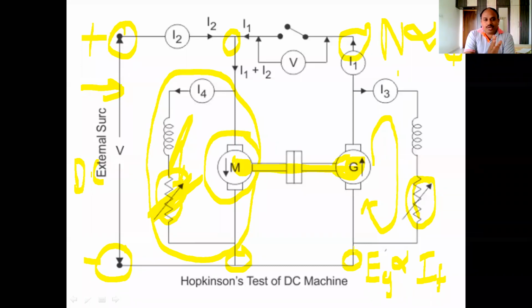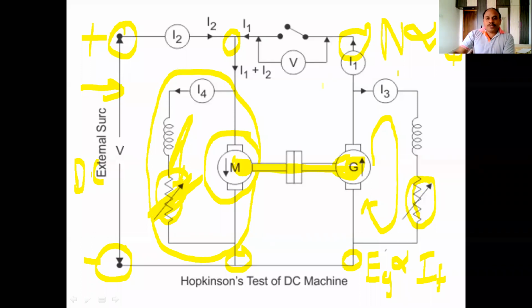Initially, source voltage and motor voltage are the same. Now we make the generator voltage equal to rated voltage by varying the generator field rheostat. If you vary the generator field rheostat, the generator EMF varies. In that manner, the generated voltage of the generator is adjusted up to rated voltage, which is also equal to source voltage and motor terminal voltage.